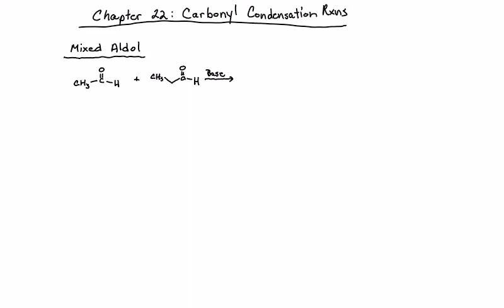I mean, for example, one thing that could happen is that one molecule of the acetaldehyde could get deprotonated and then attack another molecule of acetaldehyde, giving the product that we saw in the previous case. Okay, that's one possibility.